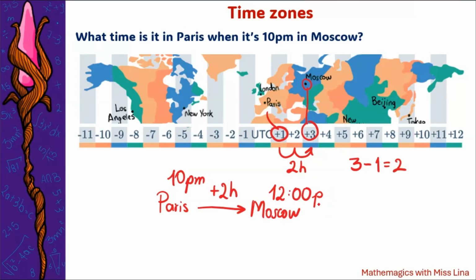So you can put 12 a.m., because it's already starting the next day. It's like the morning of the next day. So you should put a.m. Or if you want to put it in the 24 hour format, remember it's going to be 0, just starting the day. That's why it's called a.m. So in Moscow it is right in the middle of the night.